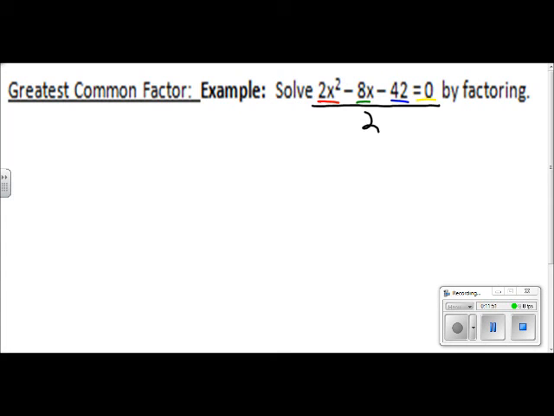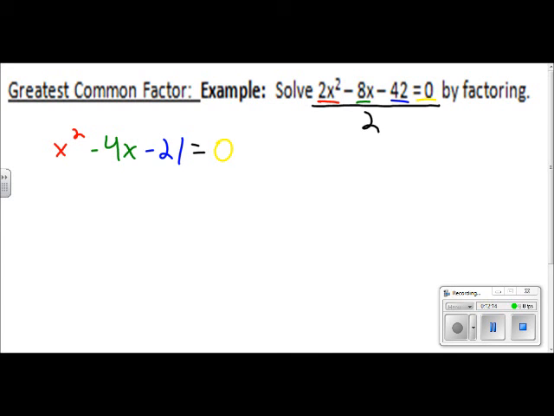If we factor 2 out of that 2x squared, we're left with x squared. If we factor 2 out of the negative 8x, we're left with negative 4x. 2 out of negative 42 becomes negative 21. And 0 divided by 2 is still just 0, so that's totally okay to have.